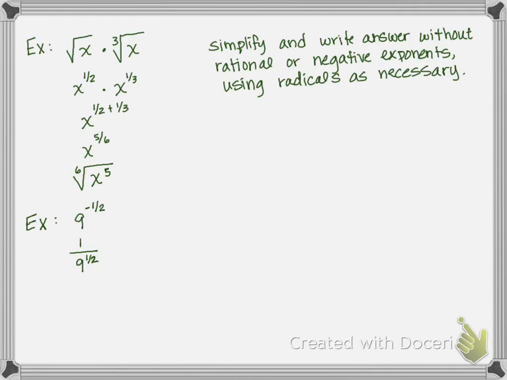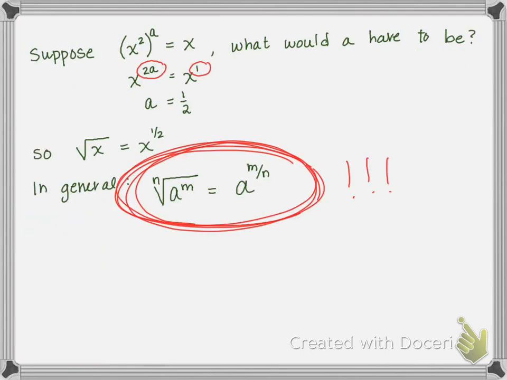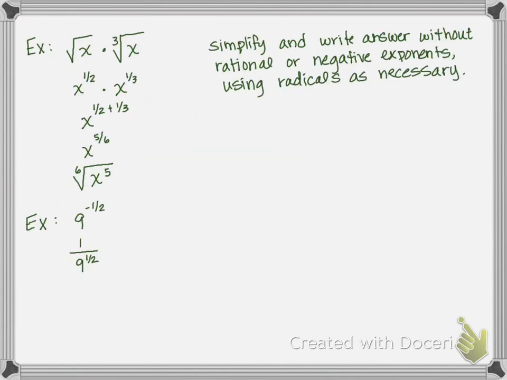So did you get that by putting 9 to the 1/2 in your calculator? Okay, so without your calculator, what is 9 to the 1/2 the same as? Oh. Remember when I said that that will answer 95% of your questions? The square root of 9. Yep. It is the same as the square root of 9.